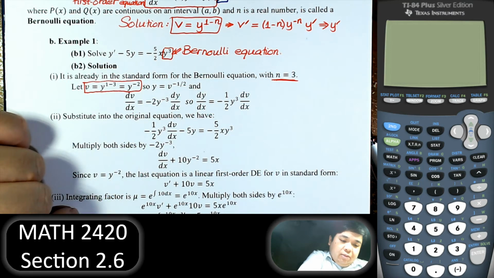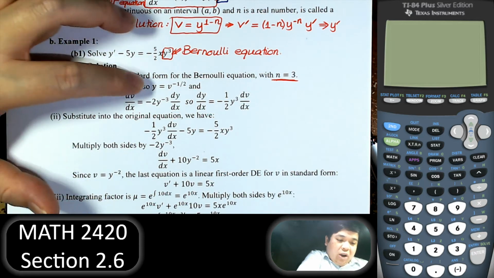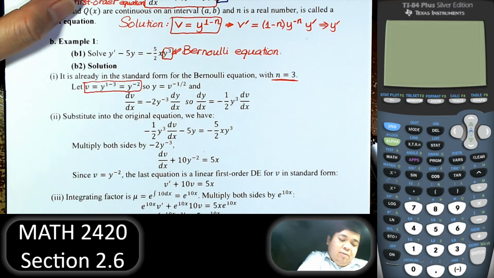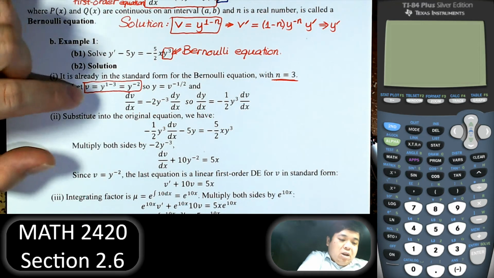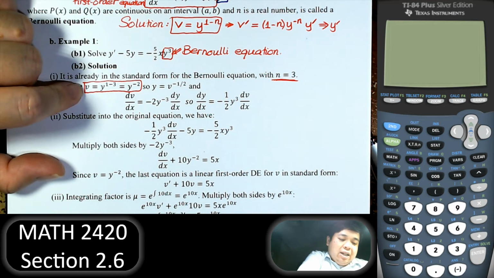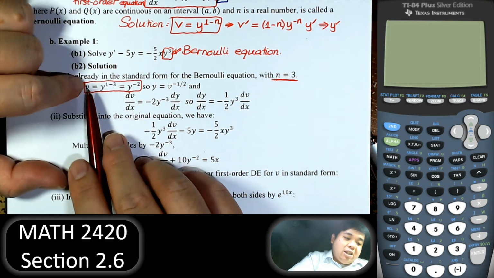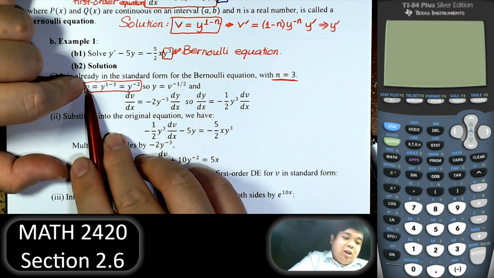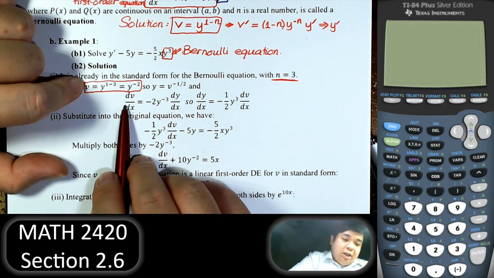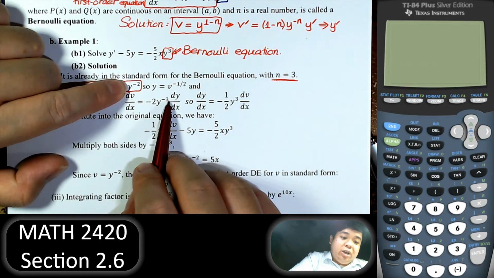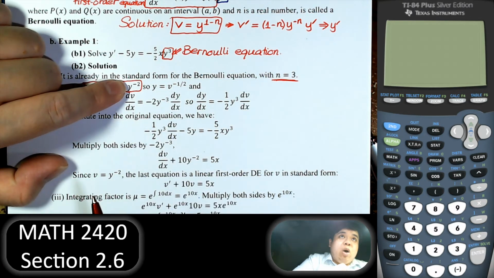Now, we can write y equal to v to negative 1/2 as well. But let's just do that, and v equal to y to negative 2. Take the derivative on both sides, dv over dx, which is v prime, and derivative of y to negative 2 is negative 2, y to negative 3, and the chain rule, dy over dx.